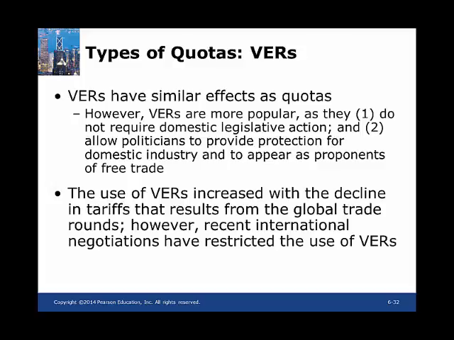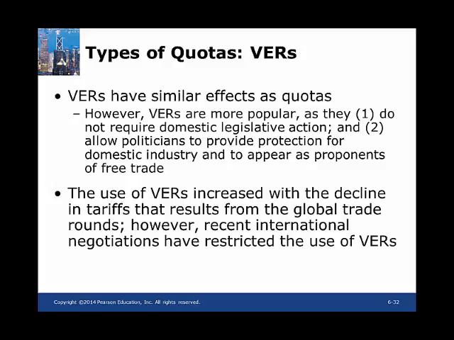However, VERs are more popular as they do not require domestic legislative action, and they allow politicians to provide protection for domestic industry and to appear as proponents of free trade.